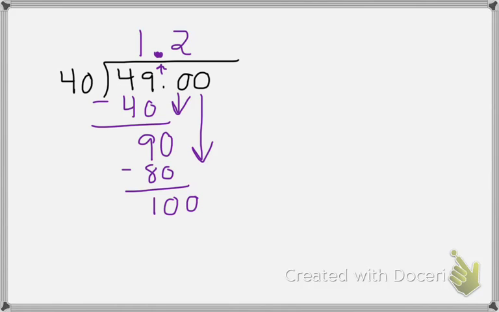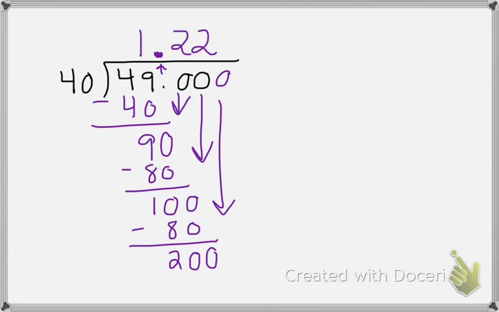Okay, now that turns into 100. Now 40 goes into 100 twice again. 2 times 40 is 80. Now we're going to go one more number after the decimal point. So we're going to go 3 numbers, okay, just to see if we have to round to the nearest cent. So 100 minus 80 is 20. Bring down another 0. We have to add 1 this time. Okay, and then 40 goes into 200, actually evenly 5 times, because 5 times 40 is 200.